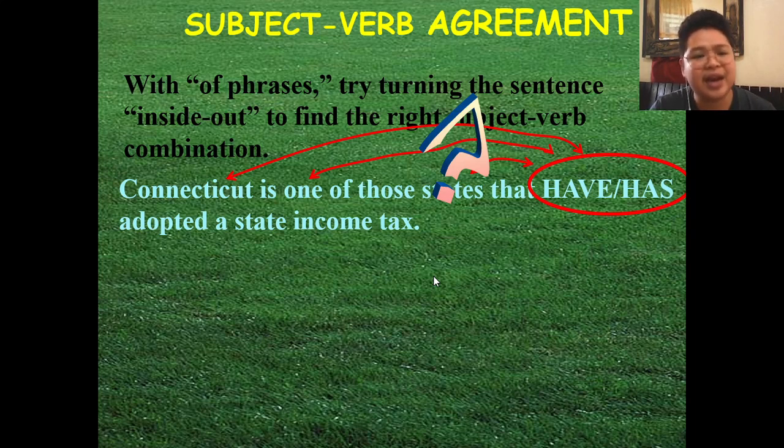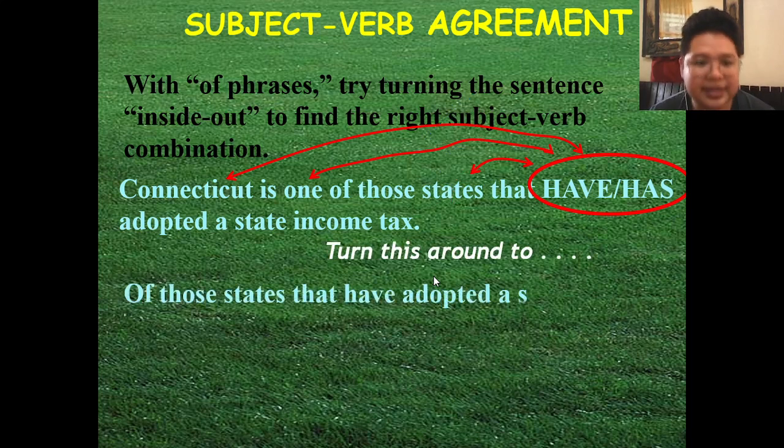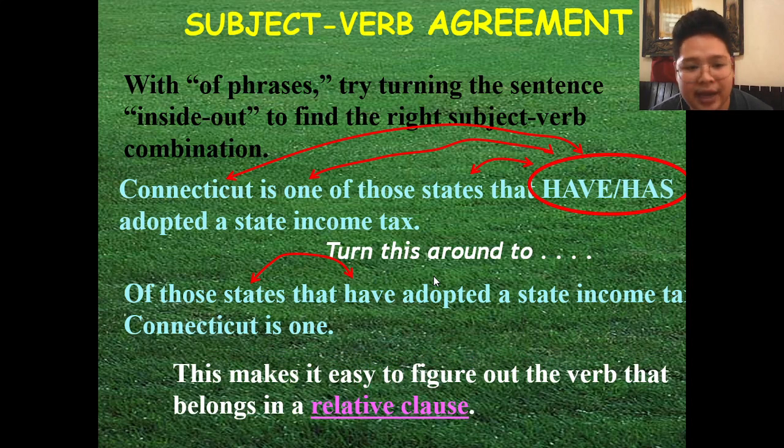We can turn this sentence around to: of the states that have adopted a state income tax, Connecticut is one. This makes it easy to figure out the verb that belongs in a relative clause.